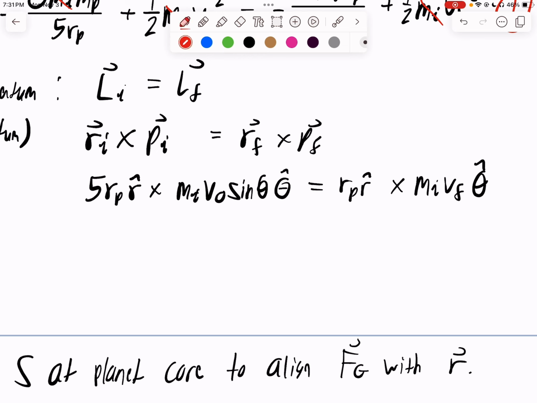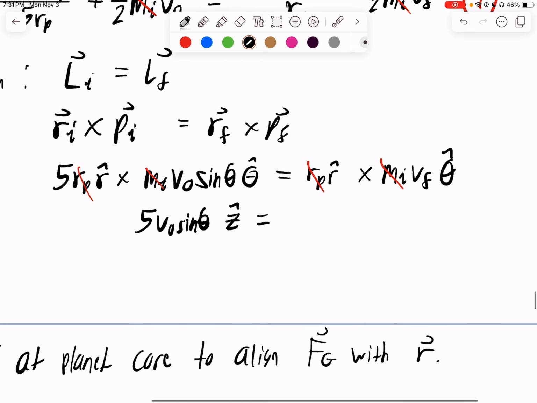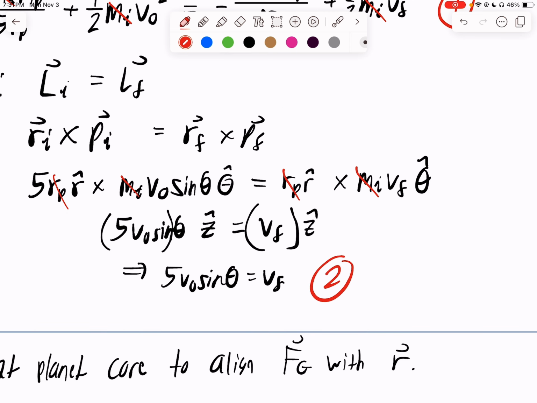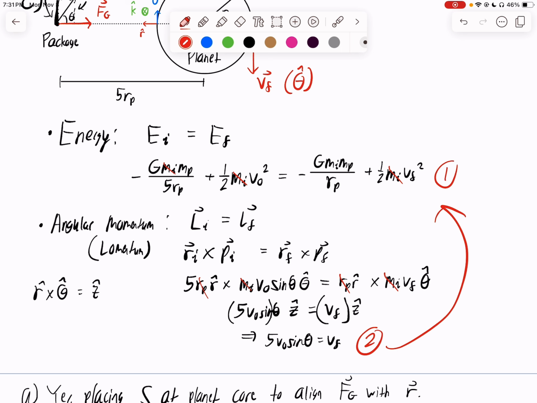Let's cancel out the R_p's. We can also cancel out the m_i's. Then we get 5 v naught sine theta z hat is equal to v_f z hat. This implies that the components are equal: 5 v naught sine theta is equal to v_f. This is equation 2 that we can substitute into the energy equation.